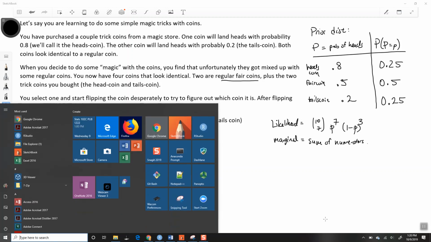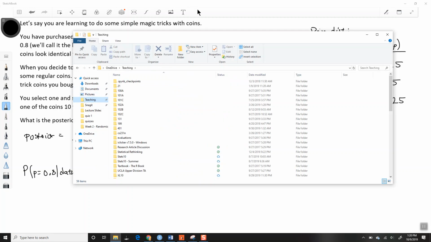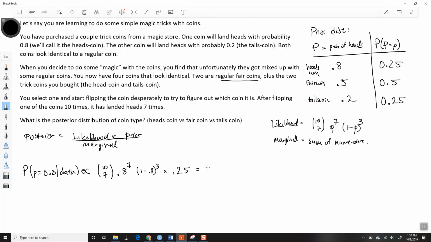Okay, so I've got to punch this into the calculator. What's that? 0.0503. Okay, great.